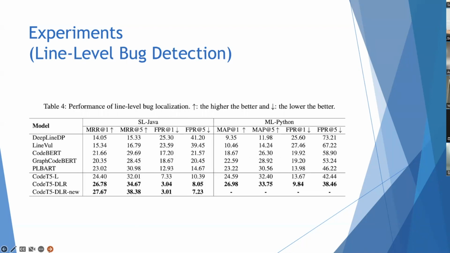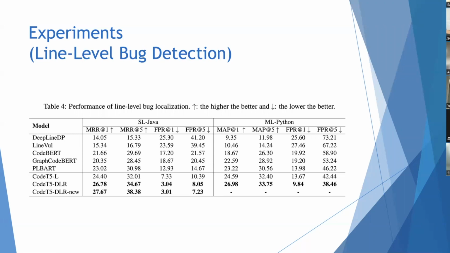So towards the line level bug detection. Here also all the three pre-trained models, CodeBERT, GraphCodeBERT, and PLBART are there. The first baseline is DeepLineDP, which is based on the hierarchical attention network, which divides the source code into three layers, that is function, line, and token.